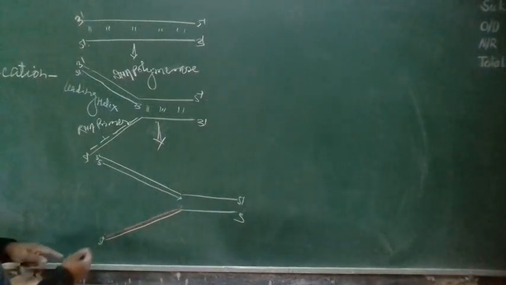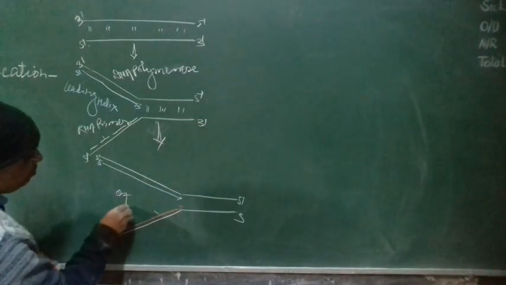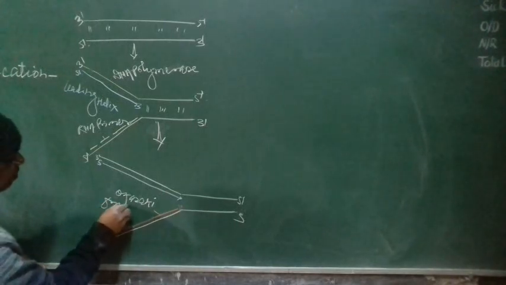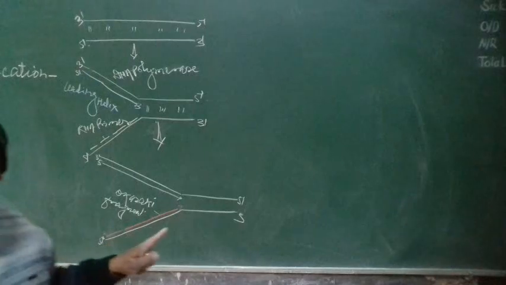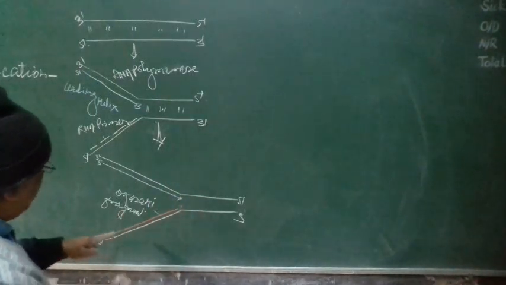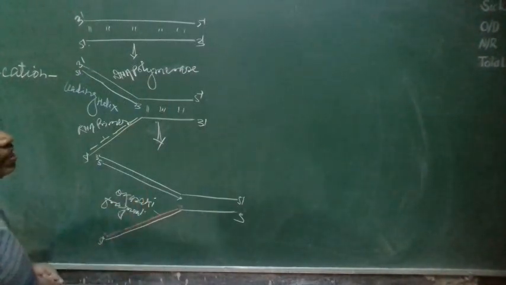What will you call these? Okazaki fragments. Okazaki fragments are nothing but oligonucleotides. And now, in the presence of ligase enzyme, these Okazaki fragments get joined.